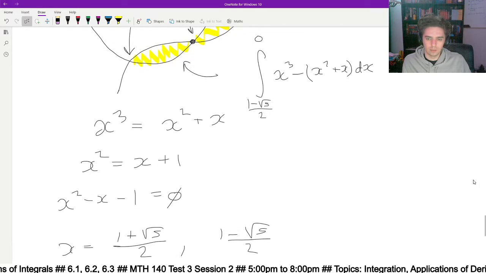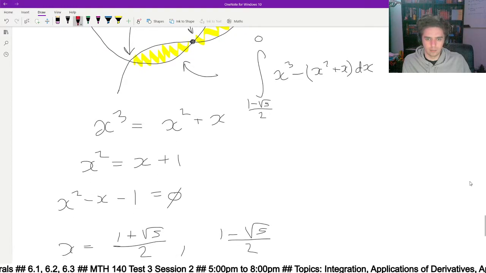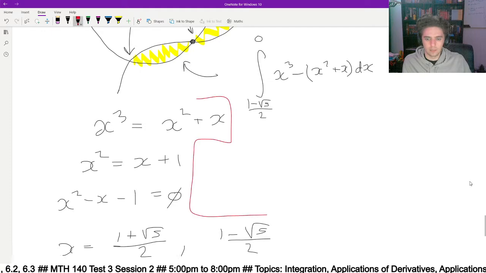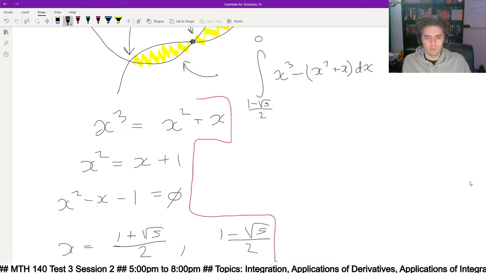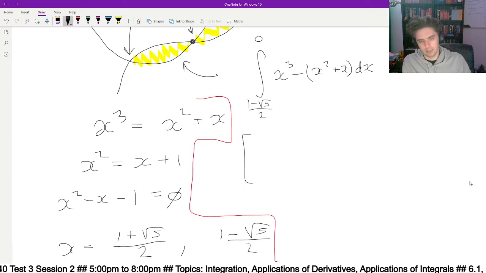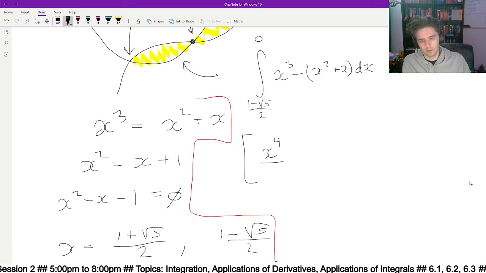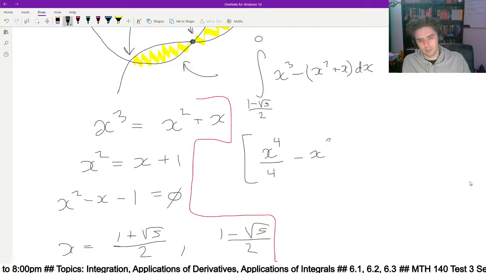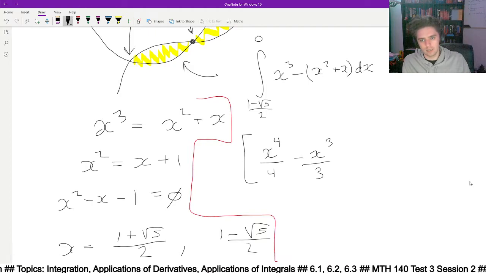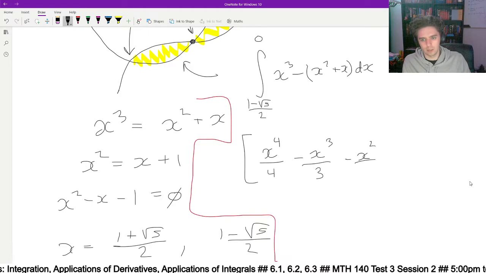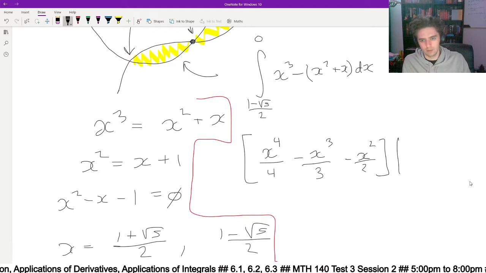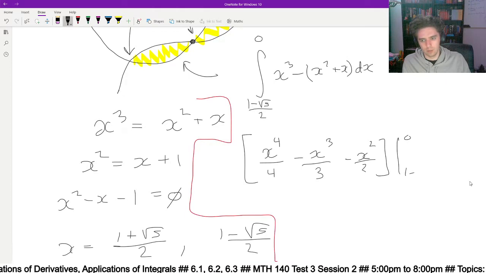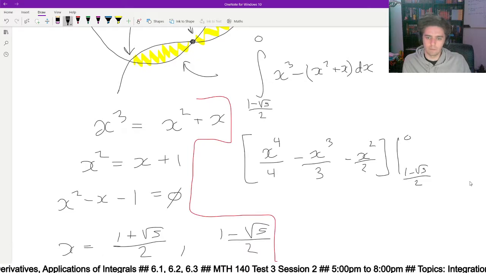Right? So to evaluate this one now, I'm getting messy, so I'll just put that like that. I'm going to take the antiderivative, so x to the 4 over 4. This is negative x squared, so negative x cubed over 3. This is negative x, so negative x squared over 2, evaluated from 1 minus root 5 over 2 to 0.